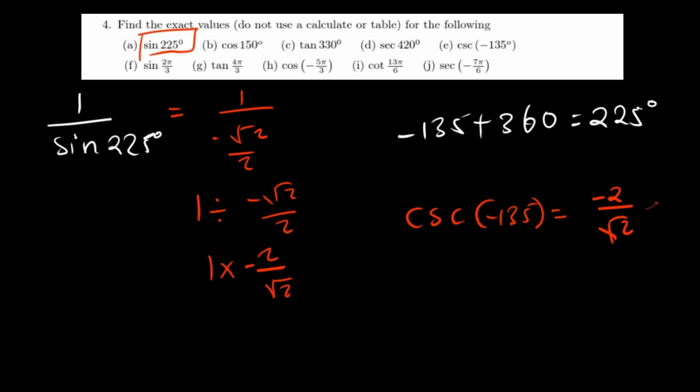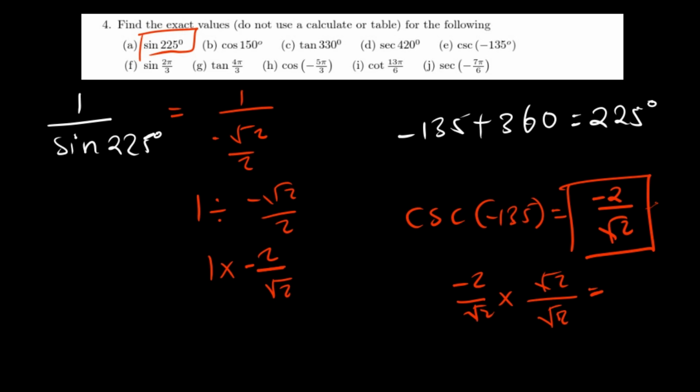You can end here, but in most cases we don't want to leave the square root in the denominator, so we multiply by the conjugate of the denominator. We multiply both sides by this, and this becomes negative 2 root 2 divided by 2. So 2 and 2 cancel, and the answer becomes this.